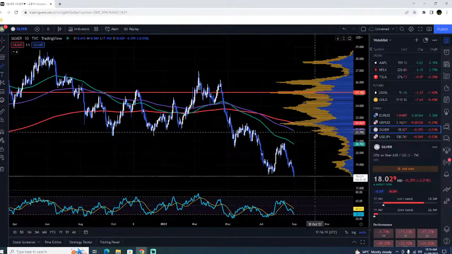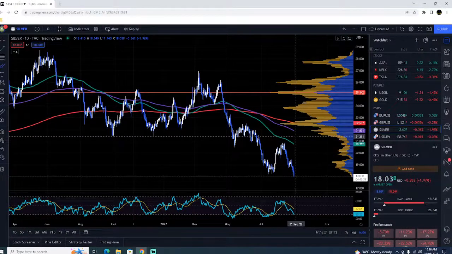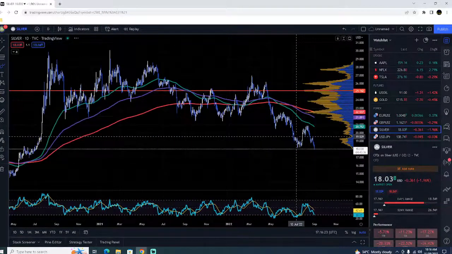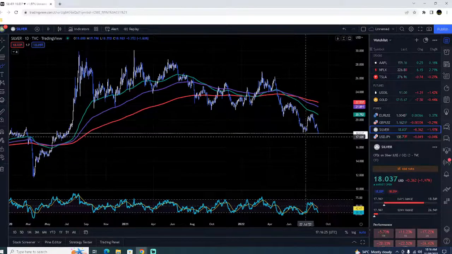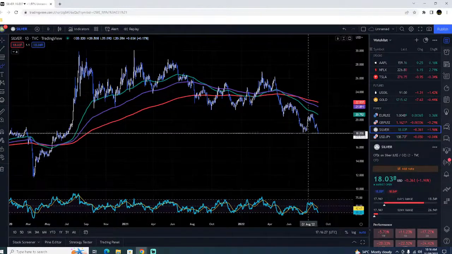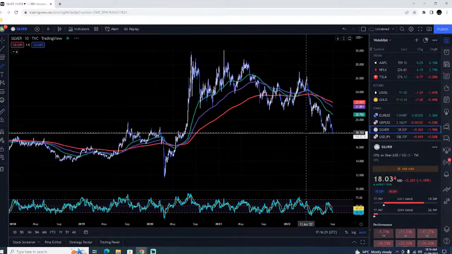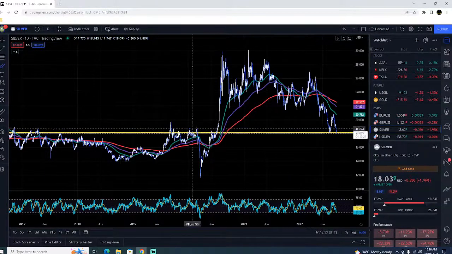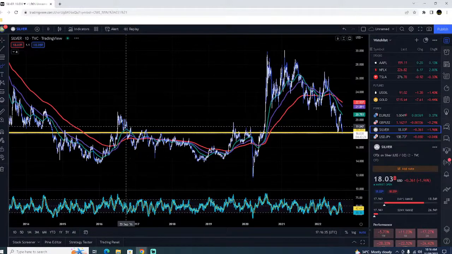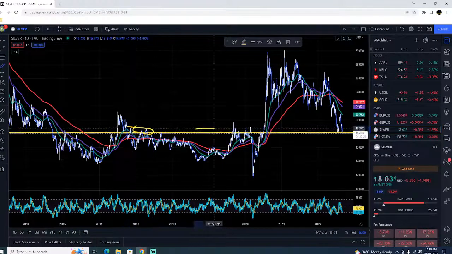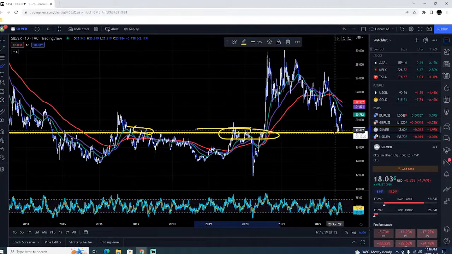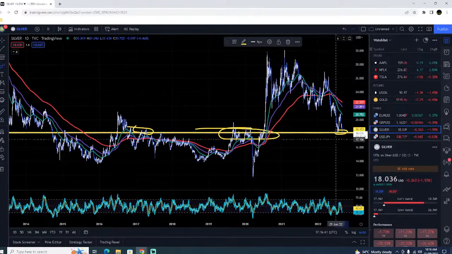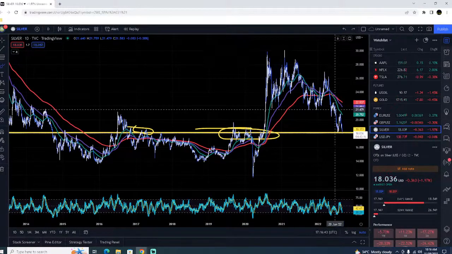Let's quickly take a look at silver also on the daily chart, and once again we are seeing a very nice trend. If I zoom out first of all, you can see that this price level was very important before. Multiple times resistance, found support once and then coming back again in this area to test it.